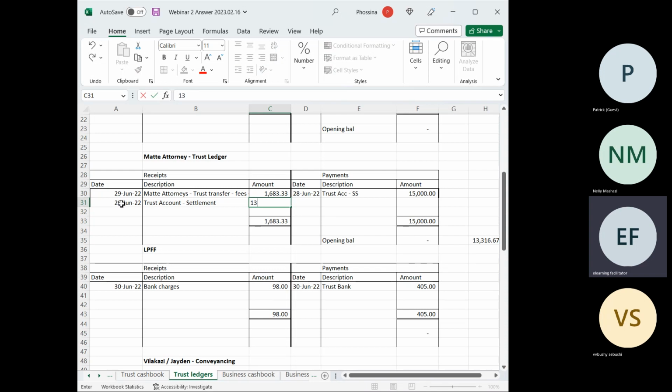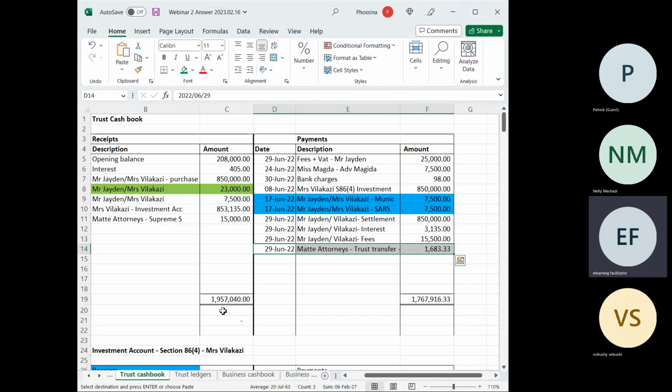How much? 13,316.67. That is the settlement. So the 15,000, we take our 1.6 and then we pay them 13,316. And the same amount, we come to our trust cash, because remember, we are paying out.